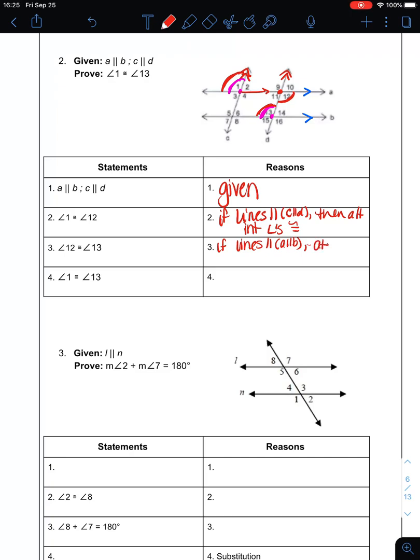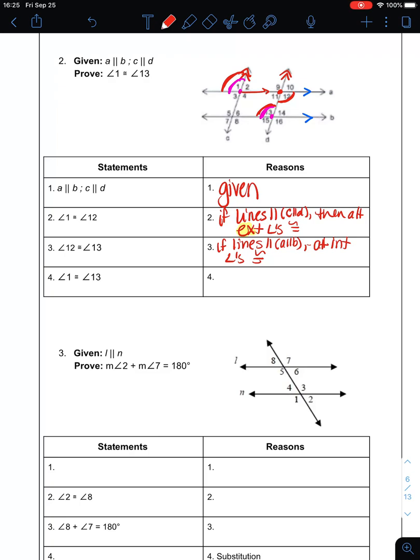Then alternate. Oh, I put alternate interior. Uh-oh. That should have been alternate exterior. I apologize. Alternate exterior angles. So then this one is if lines are parallel, then alternate interior angles are congruent.